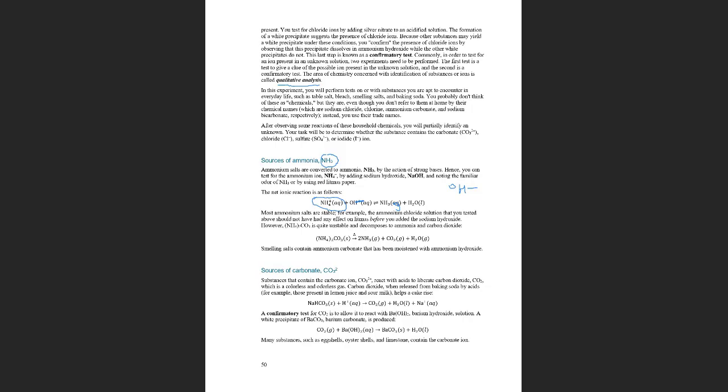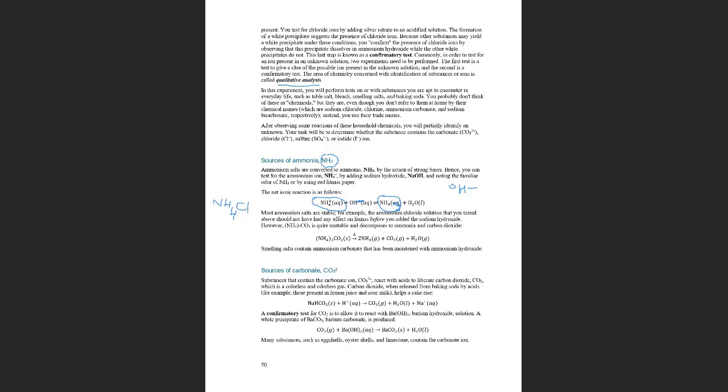So we are going to have a salt, ammonium chloride, for example. And you are going to see that if you add sodium hydroxide to ammonium chloride, you are going to smell it. There are two ways of detecting the ammonia gas. This is a gas.